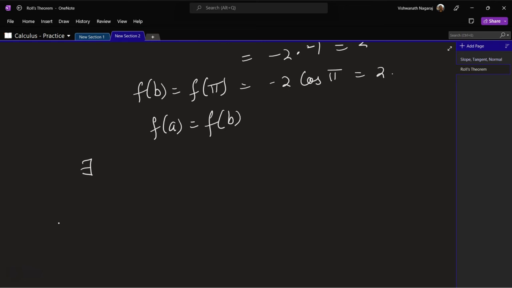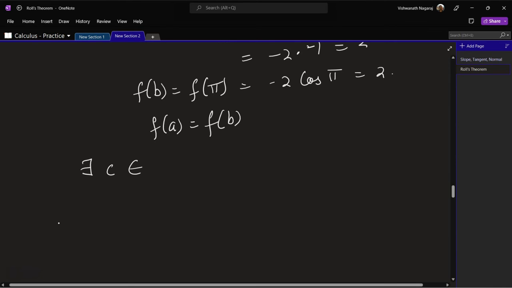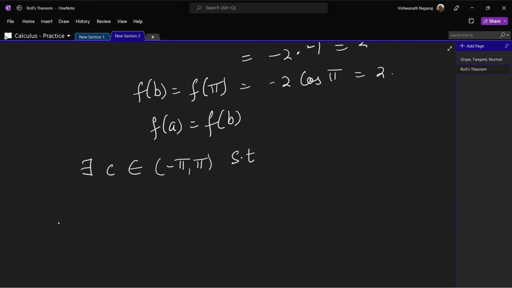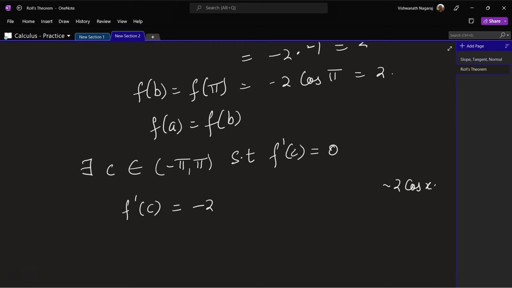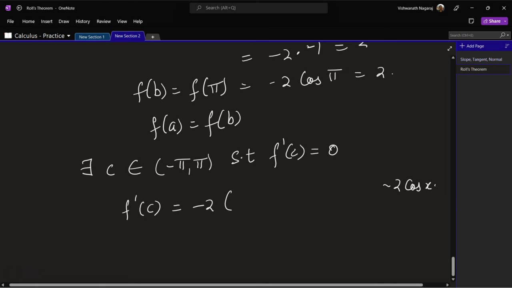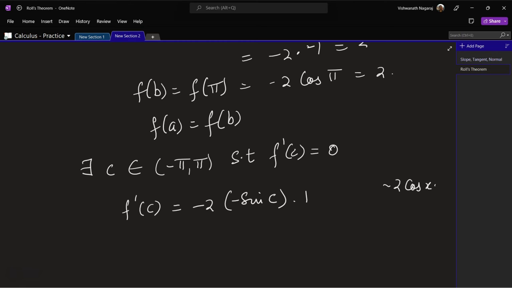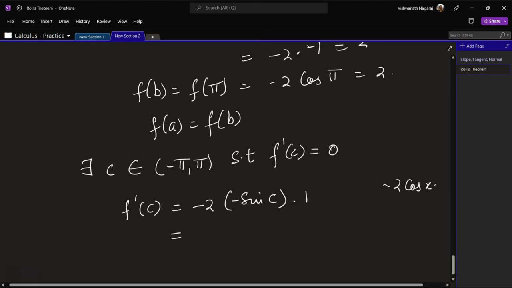So therefore there exists C belonging to the open interval minus pi to pi, such that f prime of C is equal to 0. Okay, so let's differentiate. So f prime of C is equal to, remember this function is minus 2 cos x. So minus 2, the derivative of cos x is minus sine, so minus sine C times 1 of the x, which gives us 2 sine C, and also we have to remember to put equal to 0.